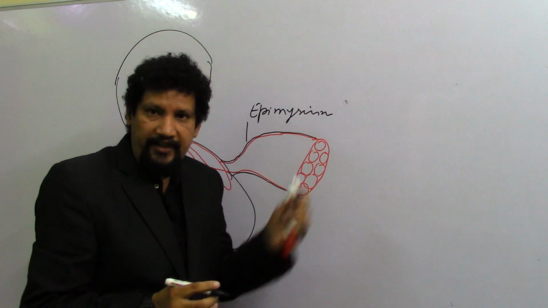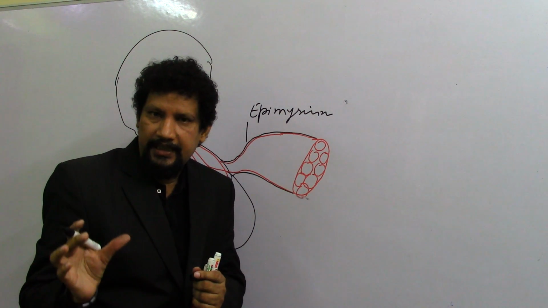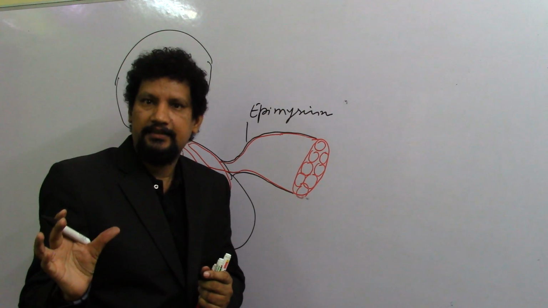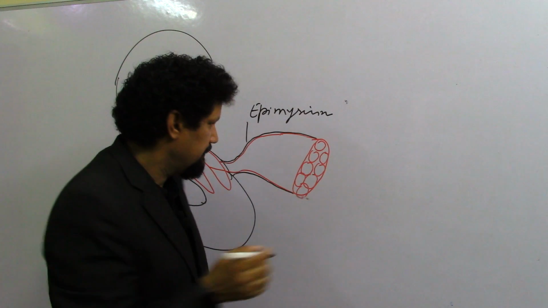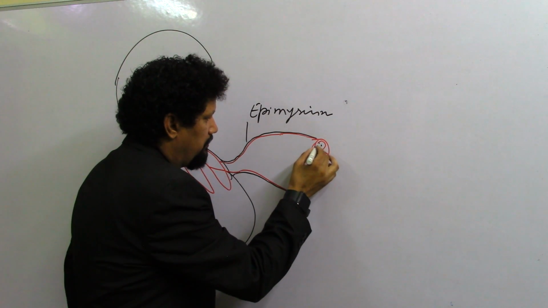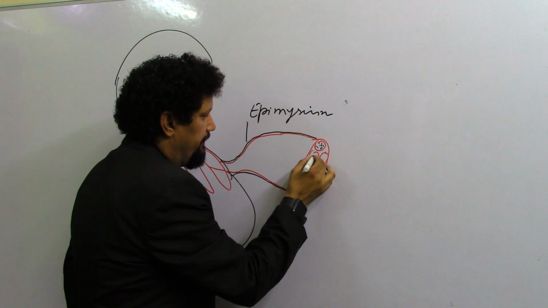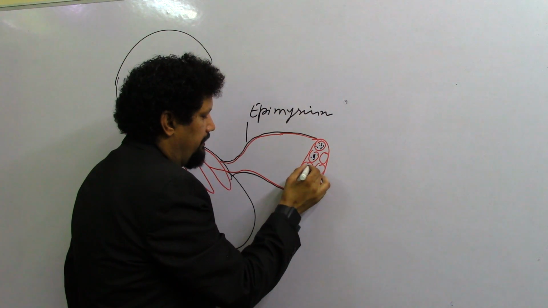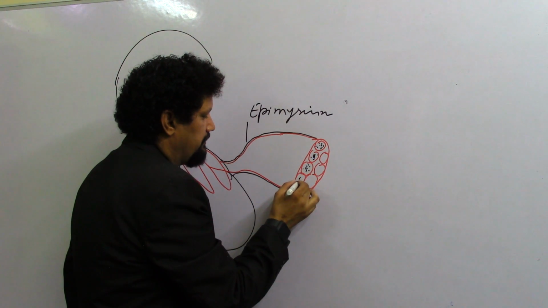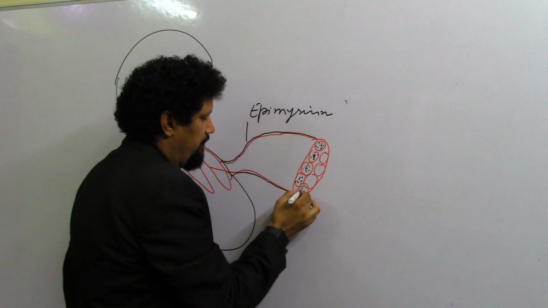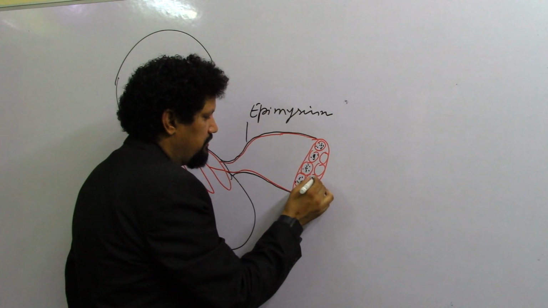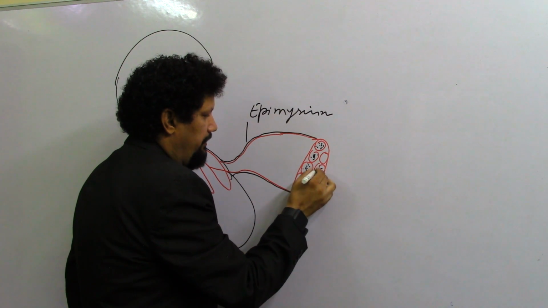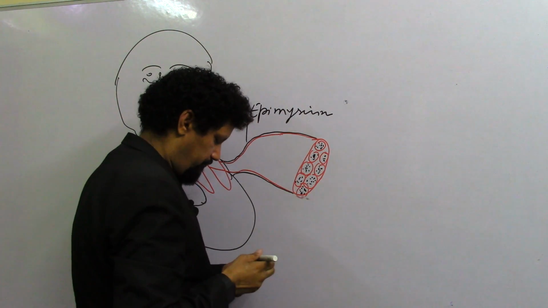This bundle or fasciculus of the muscle fiber is made up of many muscle cells. This is again having many muscle fibers which are encircled by a coarse layer of connective tissue.